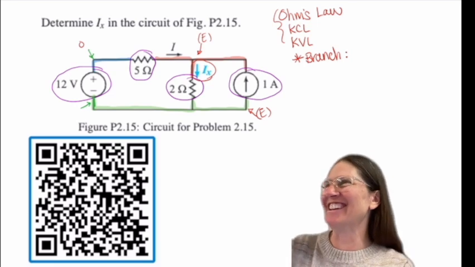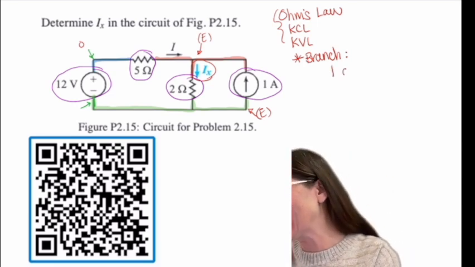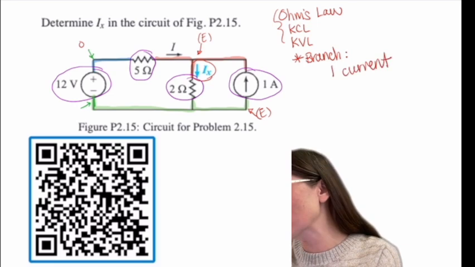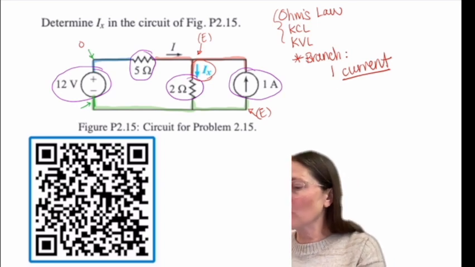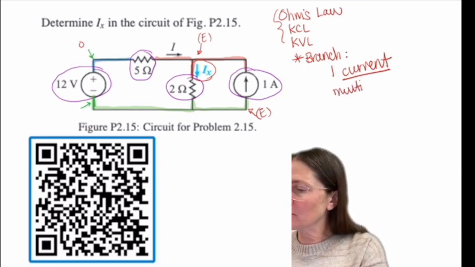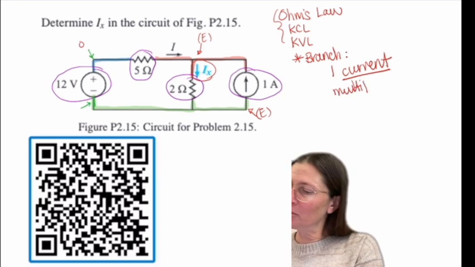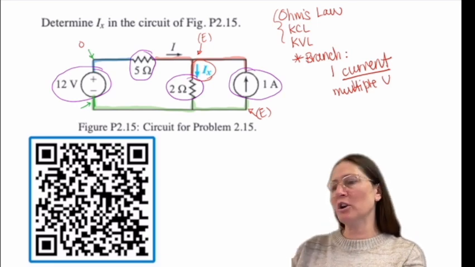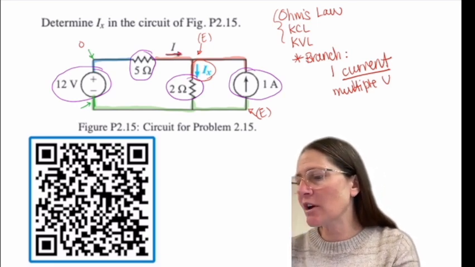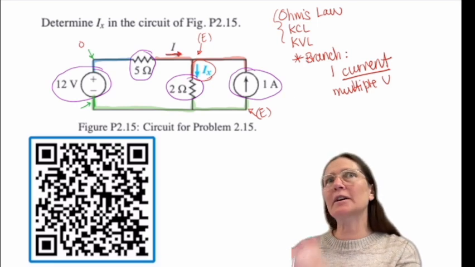One current. So we can only have one current in a branch. We can have multiple voltages, but only one current. The current is already labeled I here.